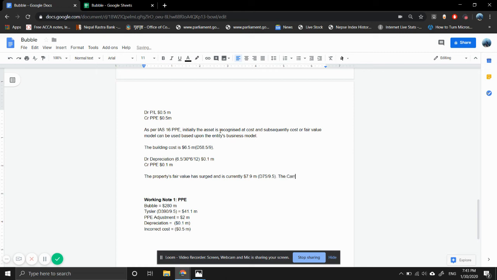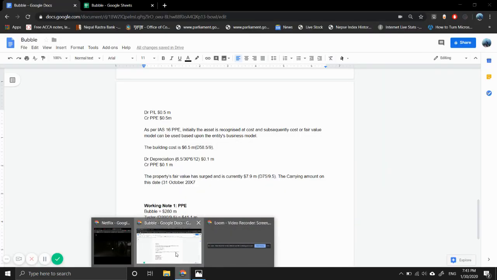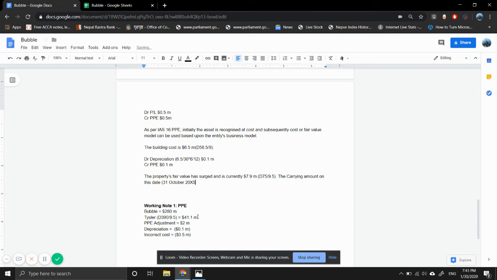Carrying amount on this date, which is 31st October, right? October 20x7 or x3, what is it? 20x5. 20x5, so what is its carrying amount?